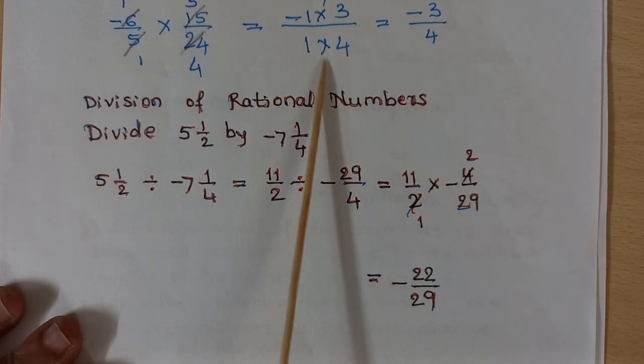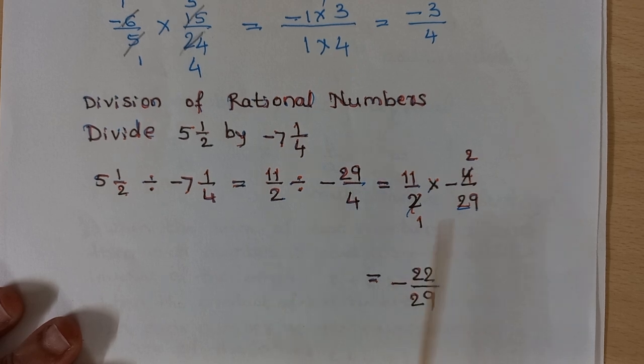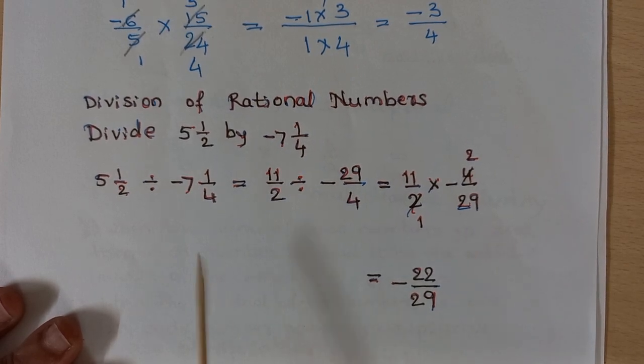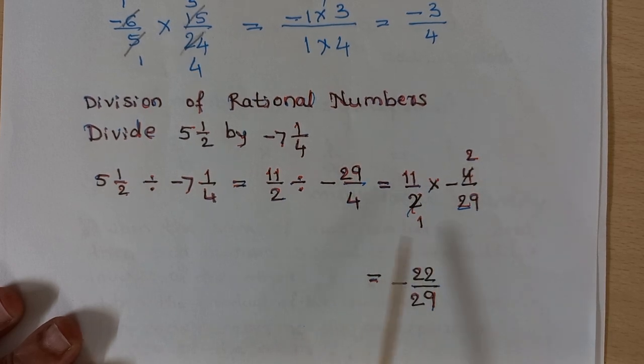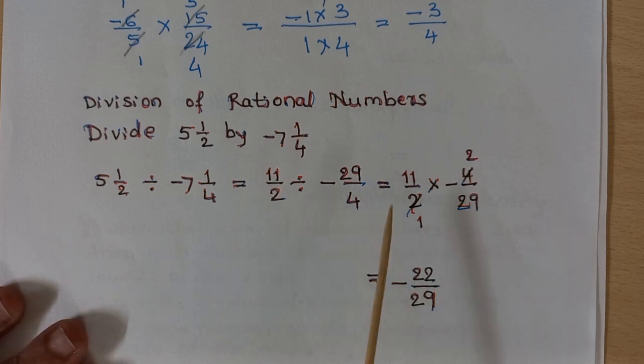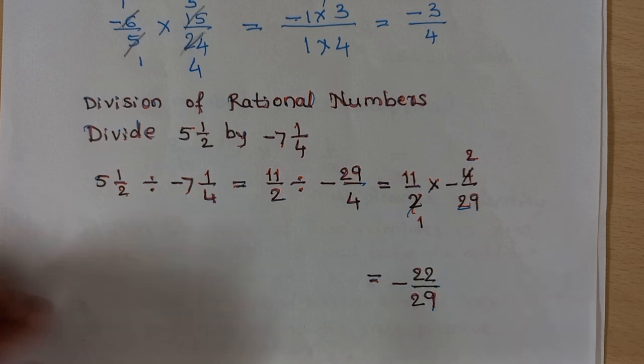Then as per the multiplication rules, we multiply these two numbers and we get minus 22 upon 29, because 2 and 4 can be divided, cancelled and written as 1 and 2 as the quotient. 11 into 2 is 22, 1 into 29 is 29. Okay, this is the quotient.